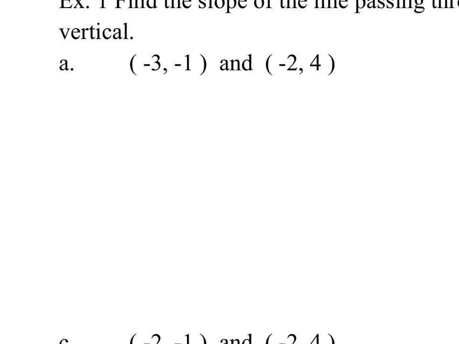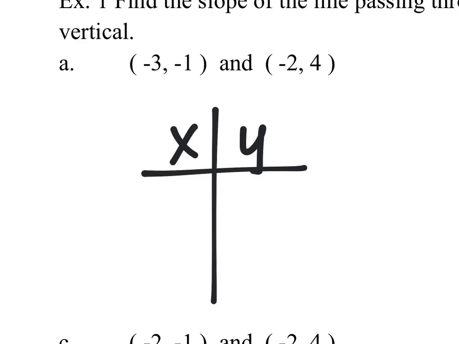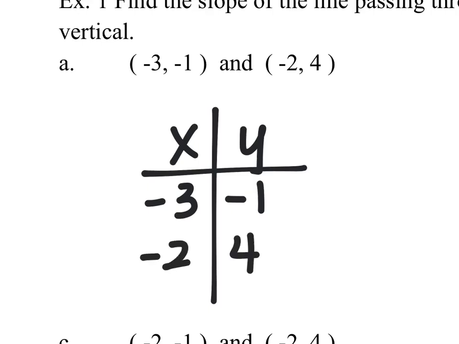So I mentioned that we would be using the slope formula, or what I call a slope table. This is a little method that I have that is essentially doing the exact same thing as the slope formula, but I find it to be a little bit more straightforward. So I've got my ordered pairs set up here in my table, and now I just want to ask myself, how did I get from -1 to 4?